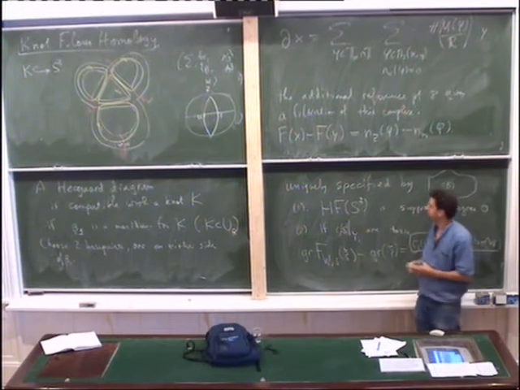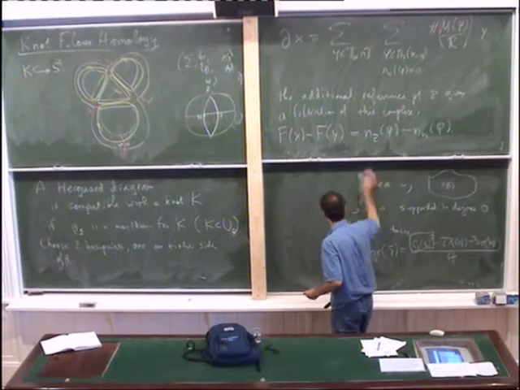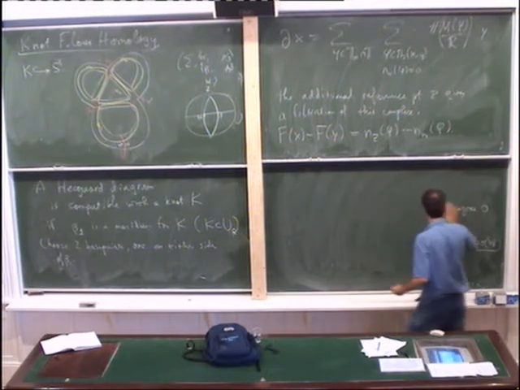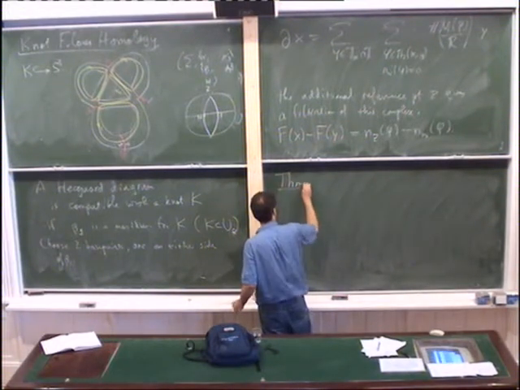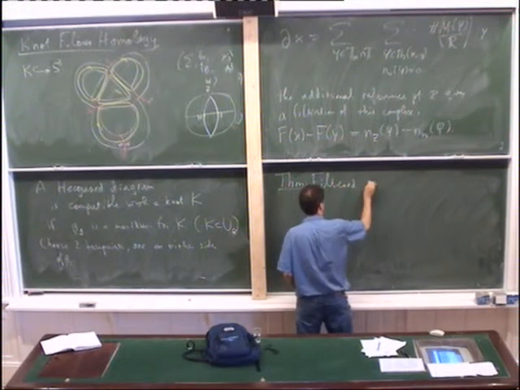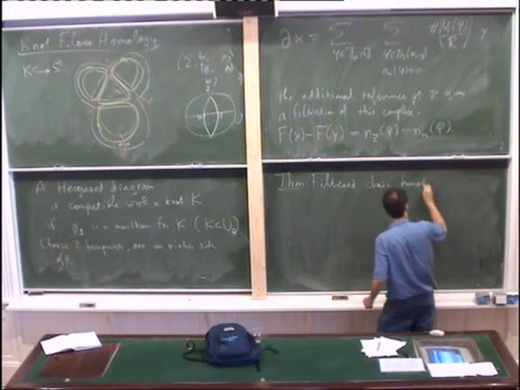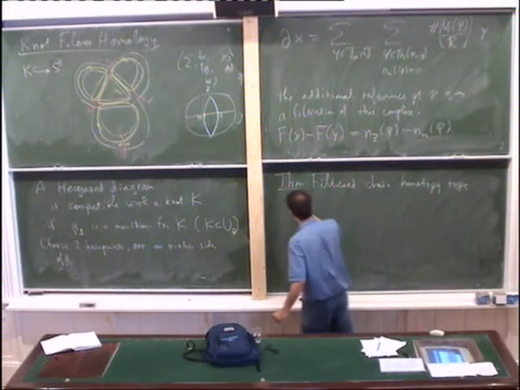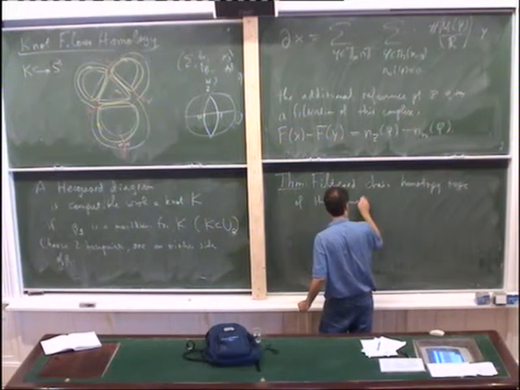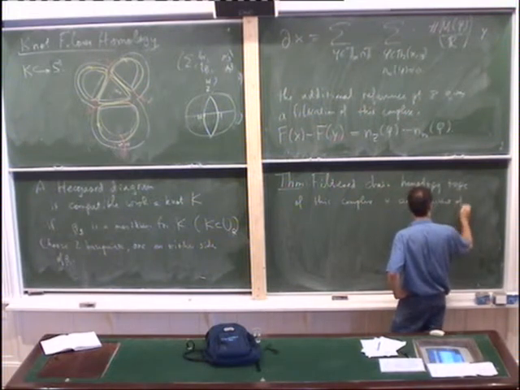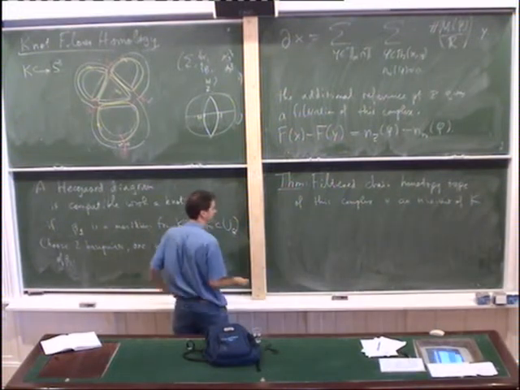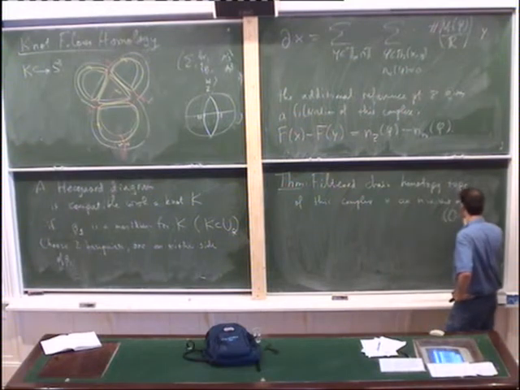And the theorem is that the filtered chain homotopy type of this complex is an invariant of K. I should mention that this theorem is, again, of course, joint work with Zoltan, but it was independently also constructed by Jake Rasmussen in his thesis.